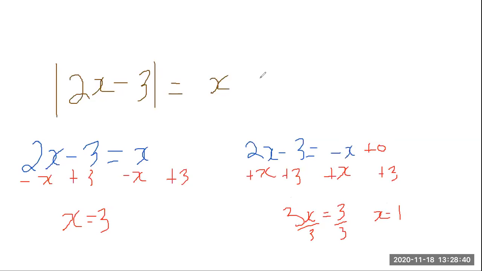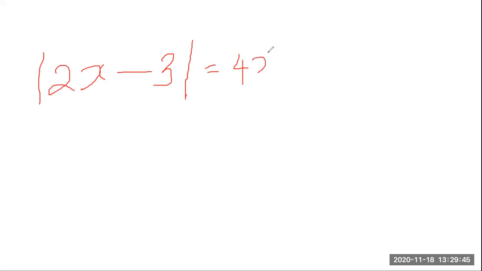All right, so that's how you solve those 2 questions. You put the negative and the positive off each side. Now let's do one more quick question. All right, the next question we're going to do is the absolute value of 2x minus 3 is equal to 4x plus 1.